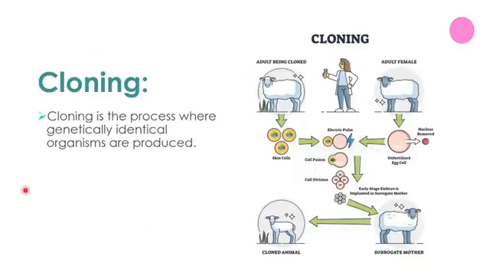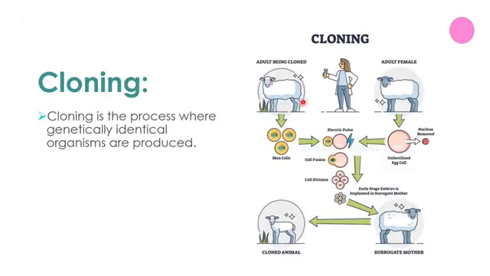Another important type of question is cloning. Once again, it's grade 10 work, and they quite often like to ask questions about cloning. If we look at cloning, there's an adult that we want to clone. In this adult, this sheep, there's a specific characteristic that we as a farmer like.